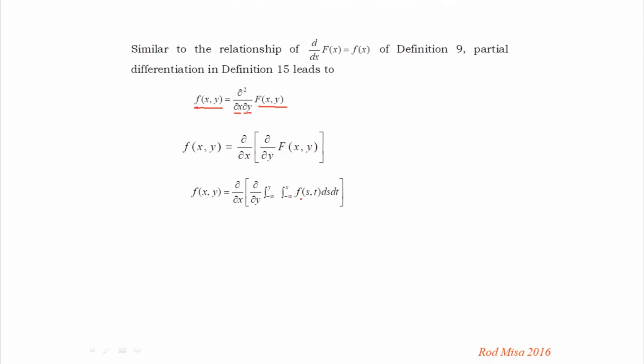function of small f. So, integrating this one with respect to s from negative infinity to x and then with respect to t from negative infinity to y, we have our result, which is the joint probability density function of x and y, because the double integrals cancel with the second partial derivatives.